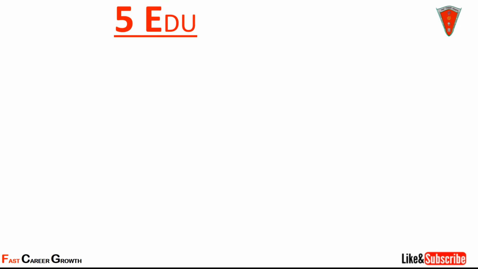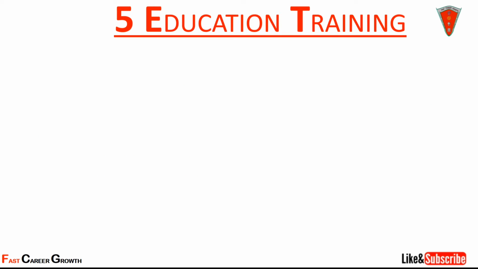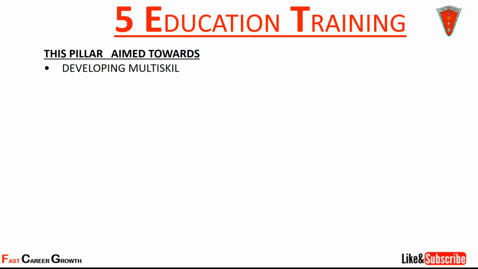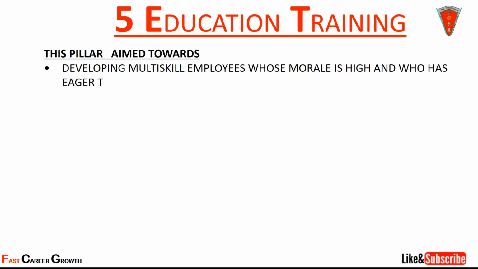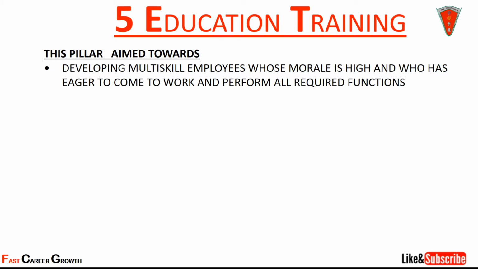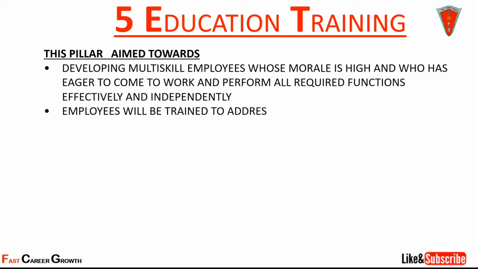What is education and training? This pillar is aimed towards developing multi-skilled employees whose morale is high and who are eager to come to work and perform all required functions effectively and independently. Employees will be trained to address problems by finding the root cause and eliminating them.